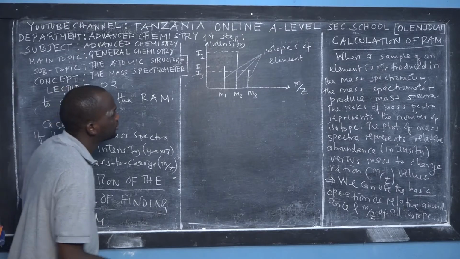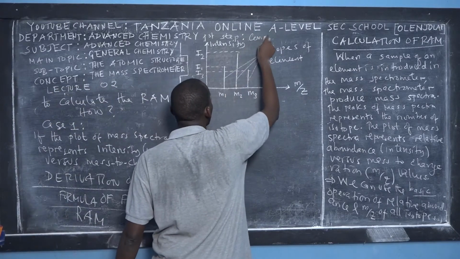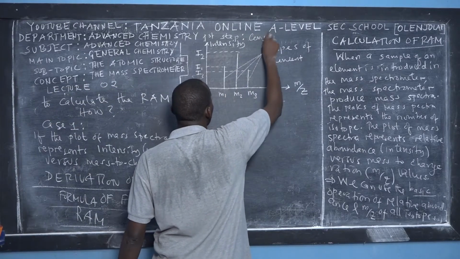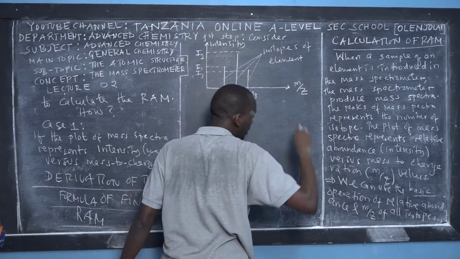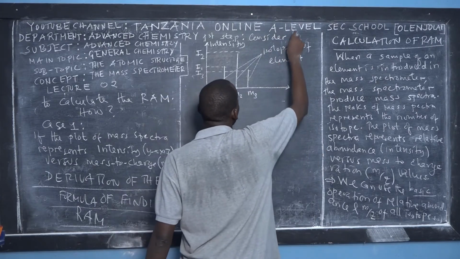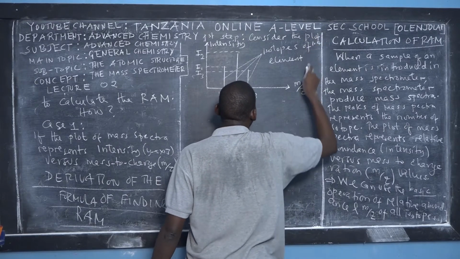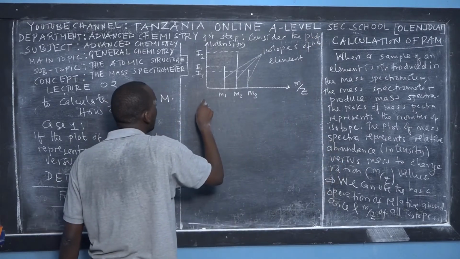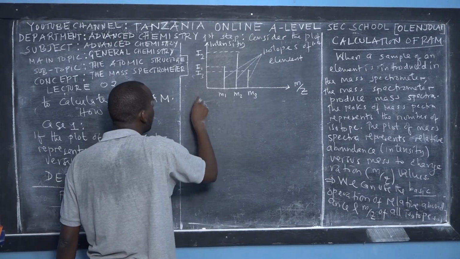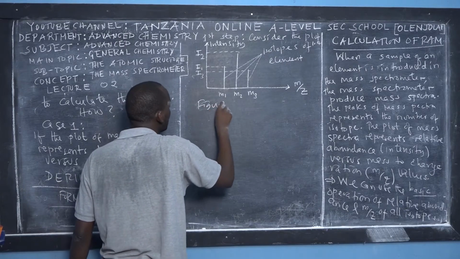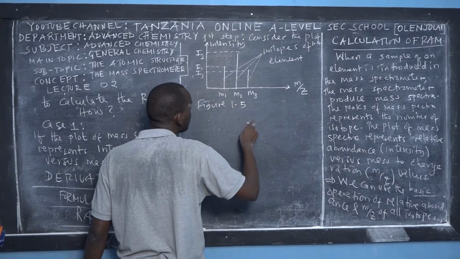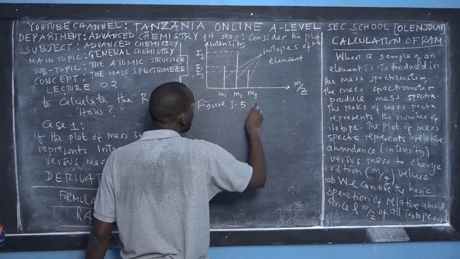So the first step, we say that consider plot 1.4 below, and this is figure 1.5, which you call the mass spectrum.